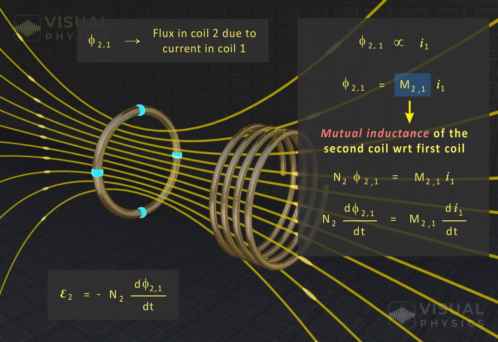From Faraday's law, induced EMF will be equal to the rate of change of flux. Using this equation, we can say that EMF induced in the second coil will be equal to this term.